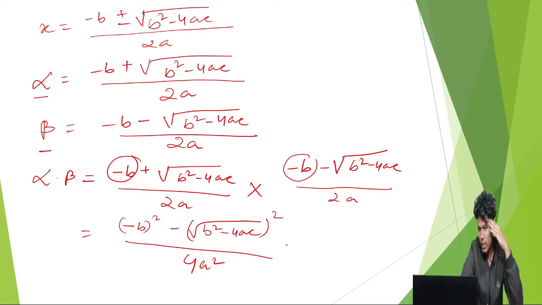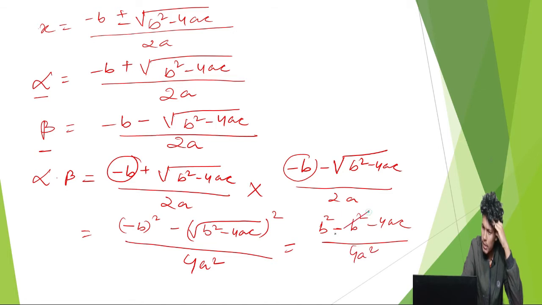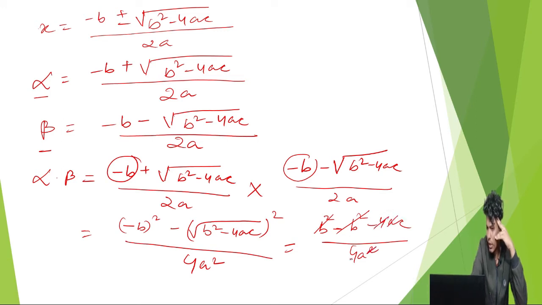So we can write this as minus b minus b, that is plus b. So b square minus b square minus 4ac, root to root cancel, divided by 4a square. These two cancelled, so minus 4ac by 4a square, a cancel, 4 cancel, so it is minus c by a.